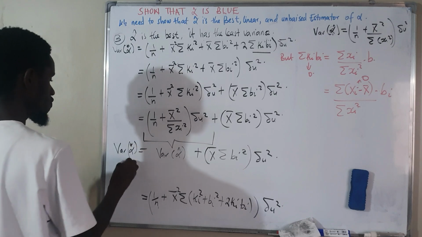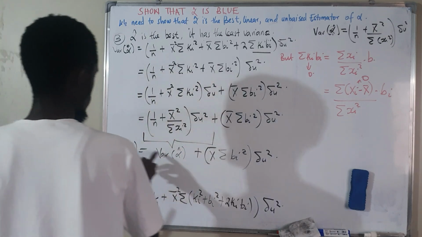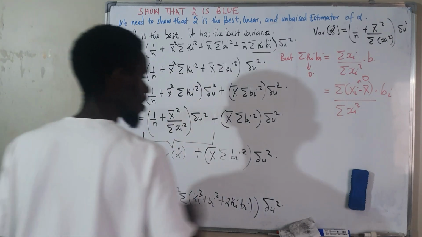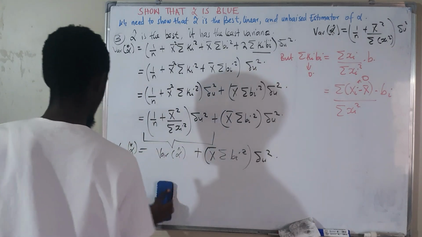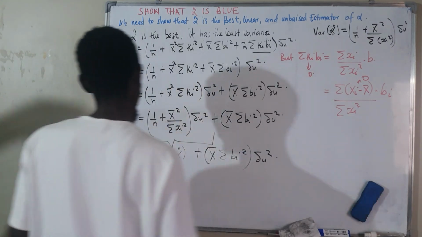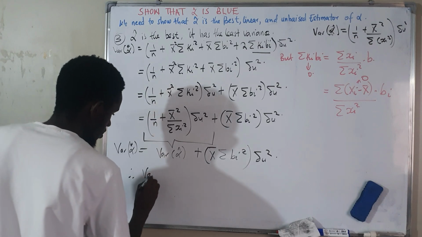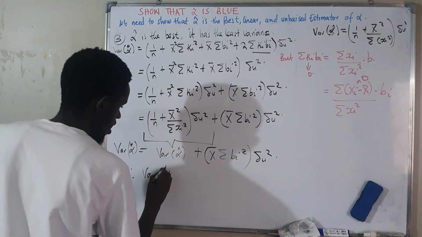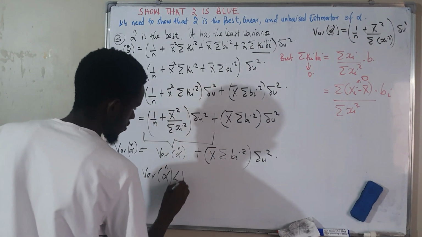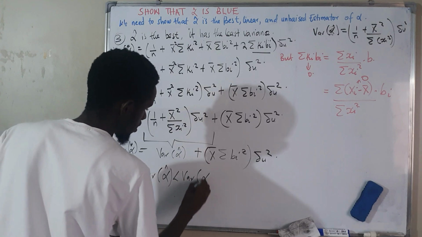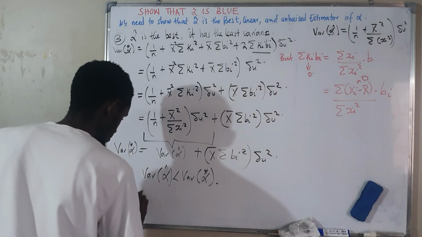If you compare the variance of alpha star and the variance of alpha hat, we get to know that the variance of alpha hat is less than the variance of alpha star.